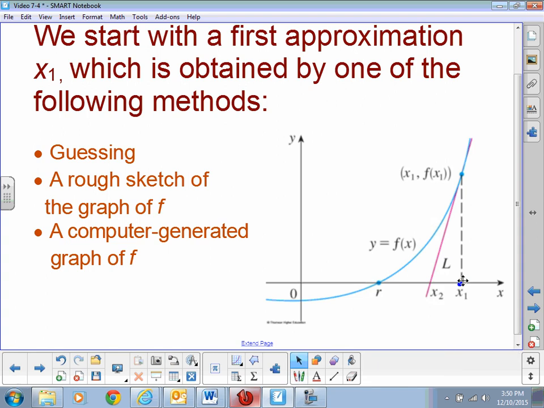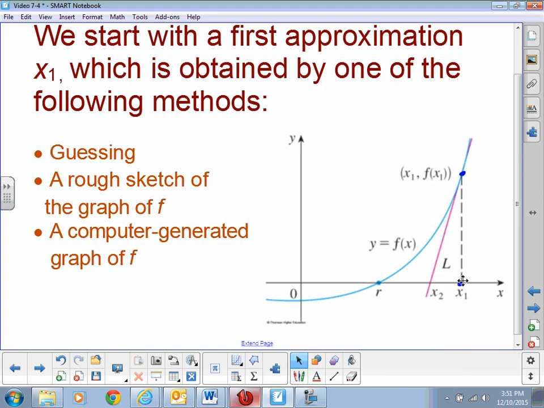What we then do is go up to the graph and find the point on the graph that corresponds to that first guess of the root value. That gives us some point, x1 comma f of x1. That's just an x comma y. That is the point on the graph at the x value that we chose that was pretty close to our actual root. We then do the tangent line.